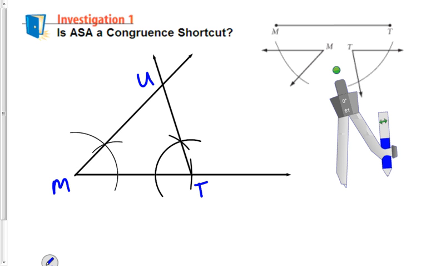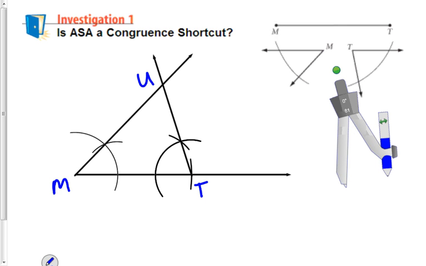Now the question I have to ask myself is, is this the only triangle that can be constructed with these two angles and one side, where that side is the included side? Could angle U have ended up in any other spot than where it is? And the answer is no. This is the only triangle that I can construct.